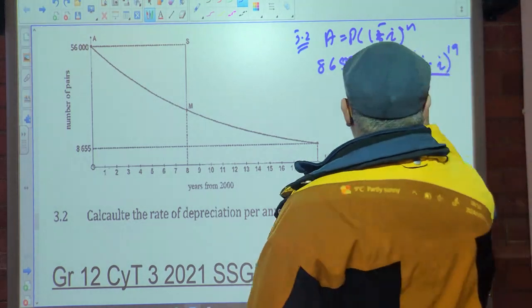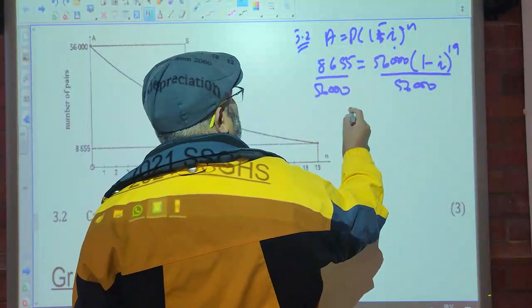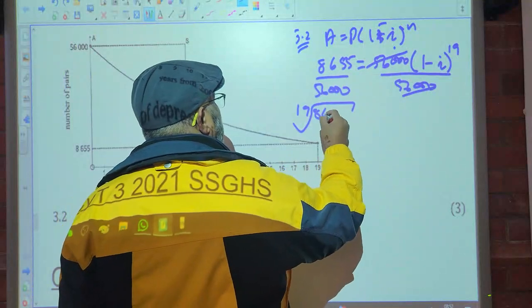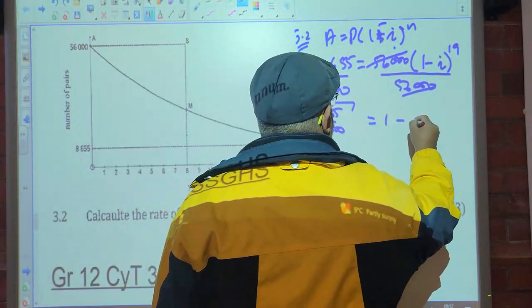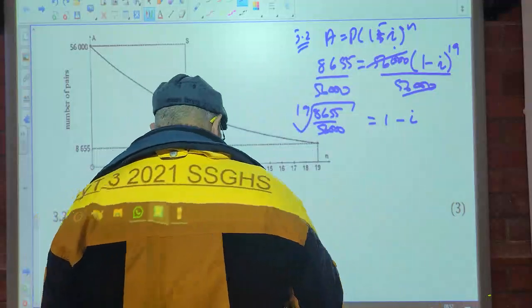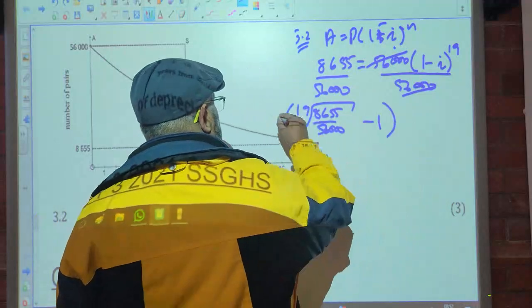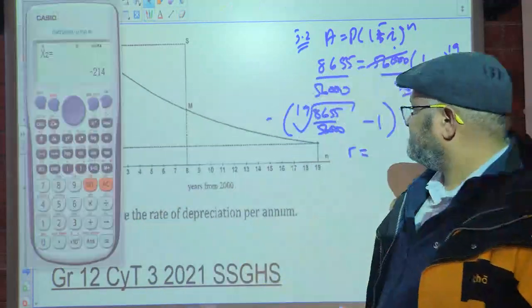So I divide both sides by 56,000. Okay, so that's gone. Then I take the 19th root of 8655 over 56,000 equals 1 minus i. Then I will get i, and times it by 100 to get the rate.